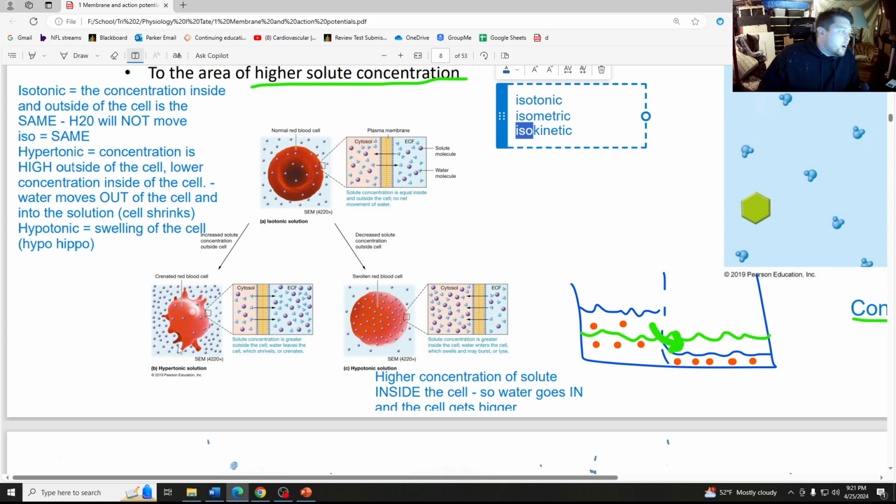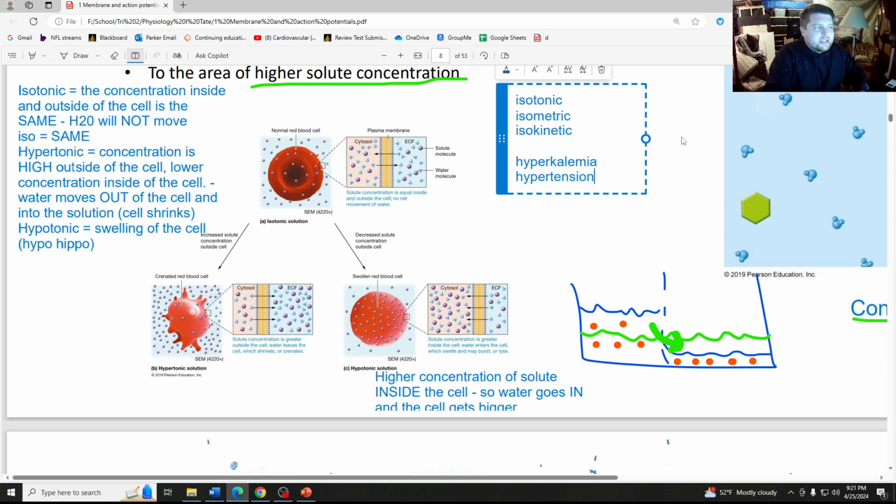With hypertonic, hyper, think high energy, a lot going on. Hyper can also mean excessive or extra or more. So you'll hear words like hyperkalemia, hypertension. That hyper, it's high, it's more.